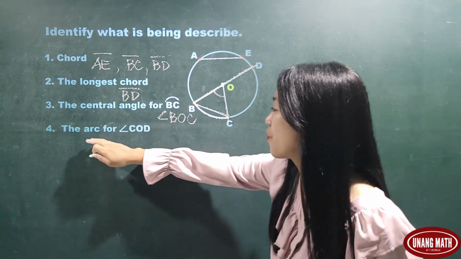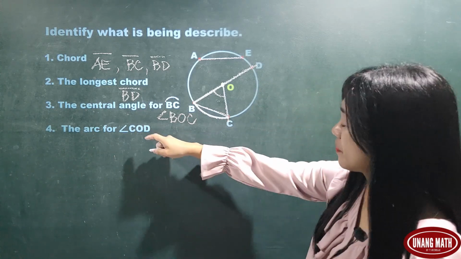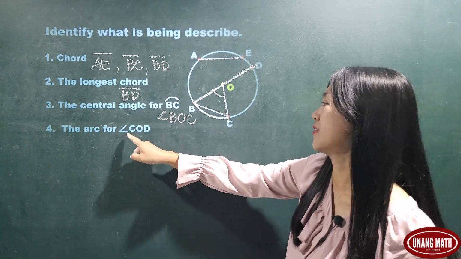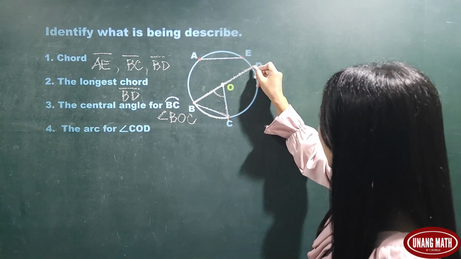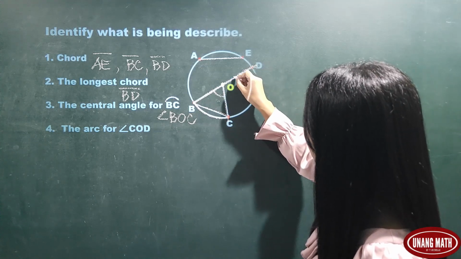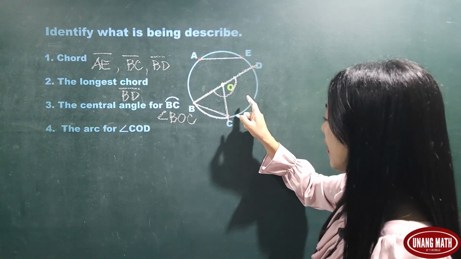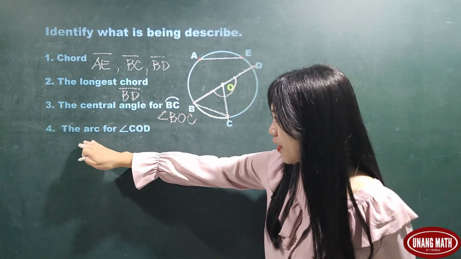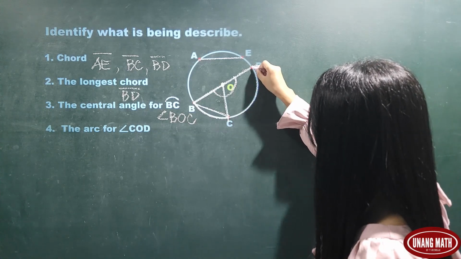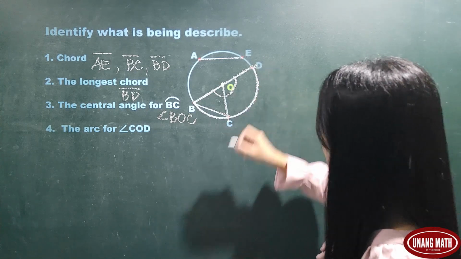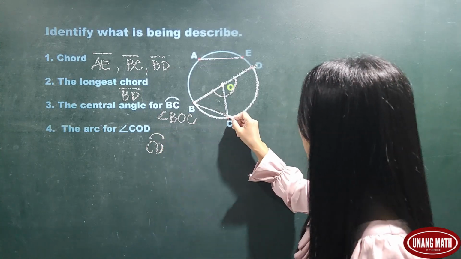In order for us to find the arc for angle COD, we have to identify first where is angle COD. So point C is here, O, and then D. So that means this is our angle COD. And what is the arc for angle COD? This arc. Okay, we will name this arc as arc CD.